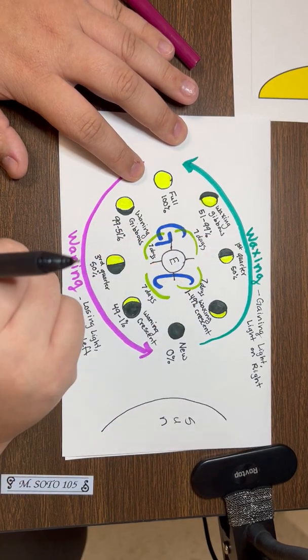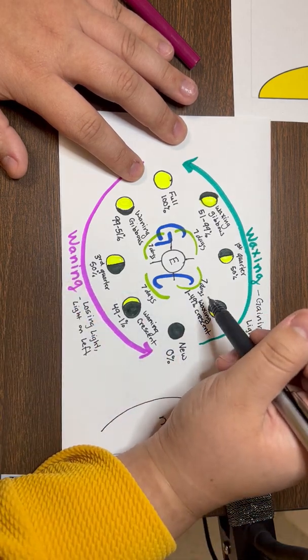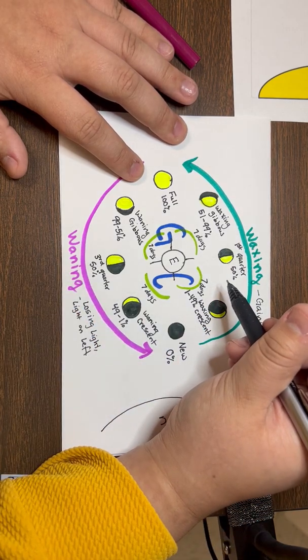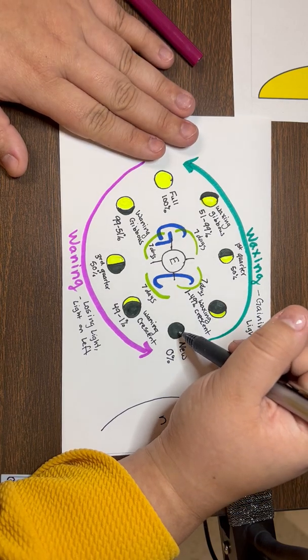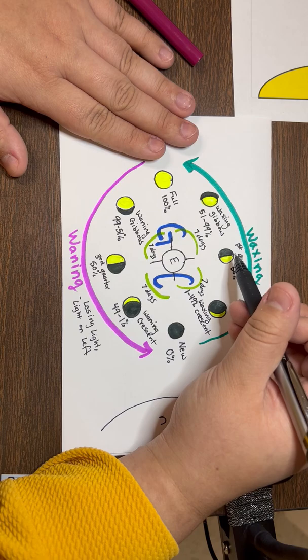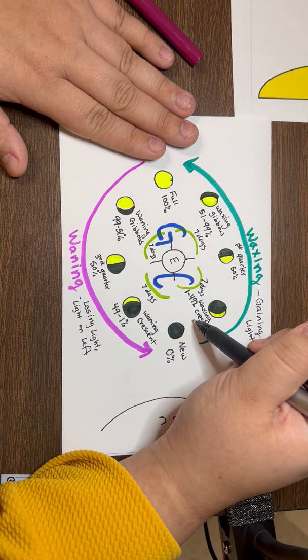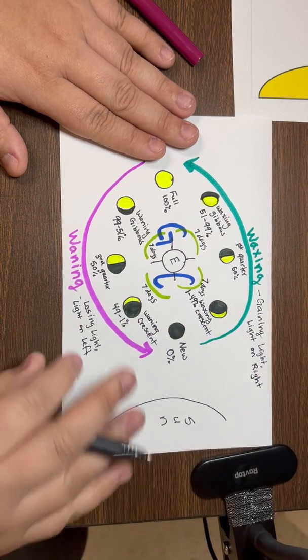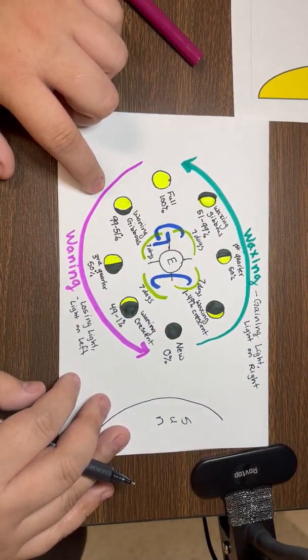And then the last one would be 28. So if we ask you what phase is going to occur on day 4 of the cycle, you're going to know it's in between new and the first quarter, because days 2 through 6 are going to be right there. So I would suggest memorizing this. This will help you a lot.